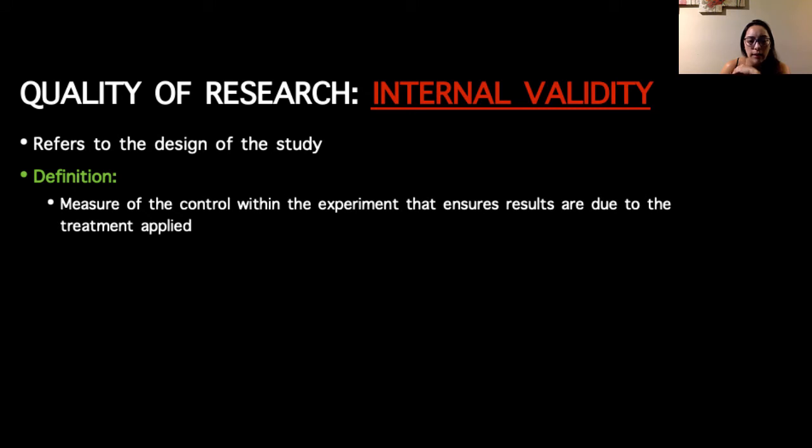Now we're going to talk about the quality of research. So you've read the literature, you've come up with a research question, you know what variables you're collecting, and you've identified their types of data. Now we have to make sure that we are minimizing our bias as much as possible. And the way that we look at this is through internal and external validity.